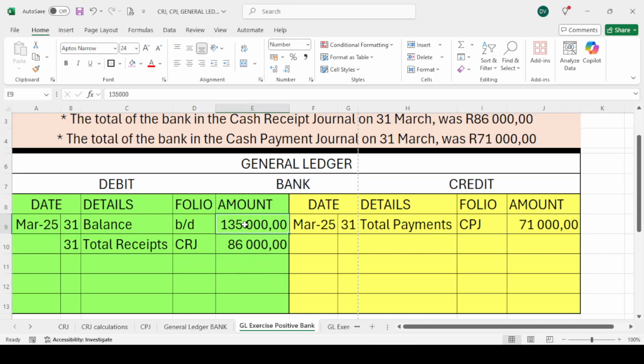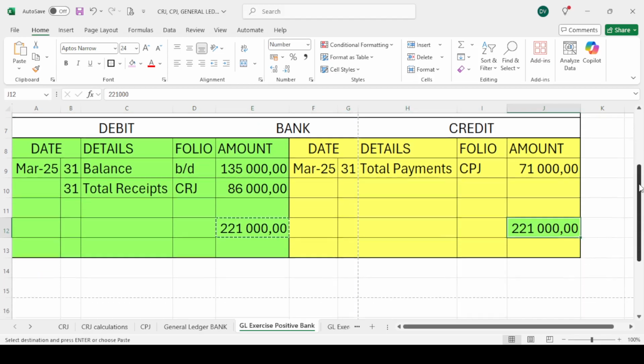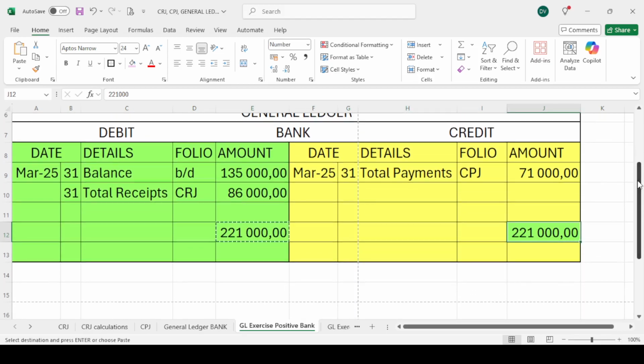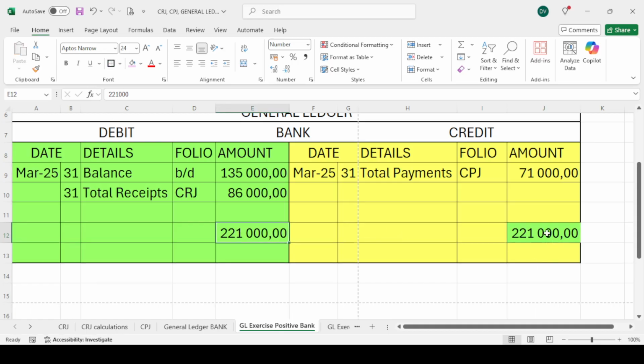You're going to add the two values together, 135,000 plus 86,000, gives us a total of 221,000. And you copy this value to both sides. Okay, remember to give it a thick line at the top and a thick line at the bottom.